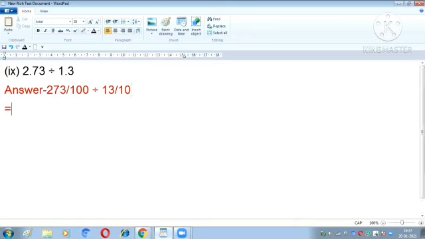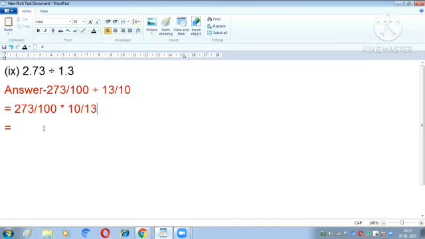Now this divide sign will change to a multiply sign. So 273 upon 100 multiplied by the reciprocal of 13 upon 10. The reciprocal of 13 upon 10 is 10 upon 13.